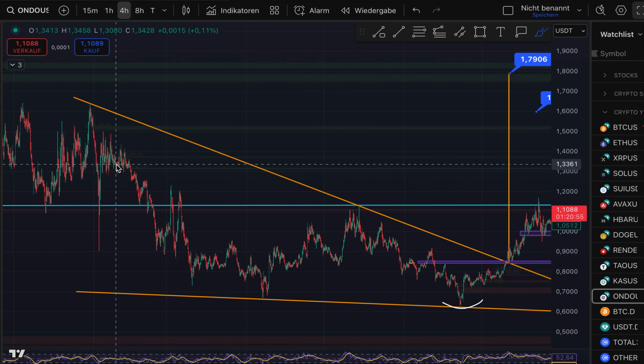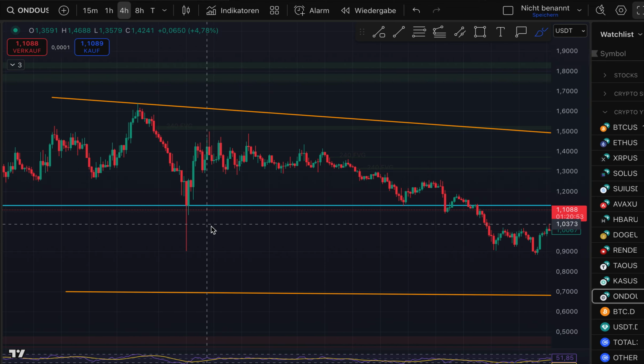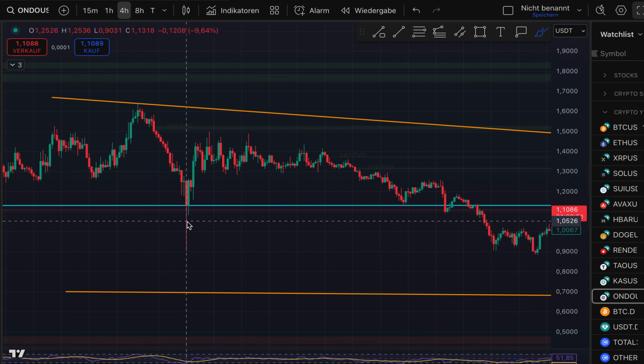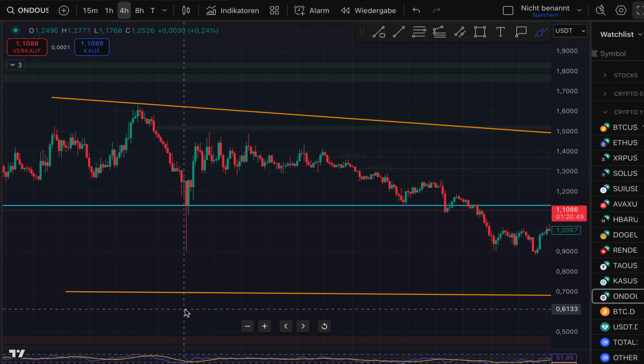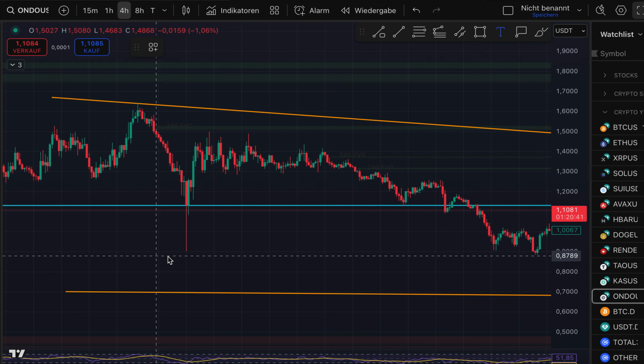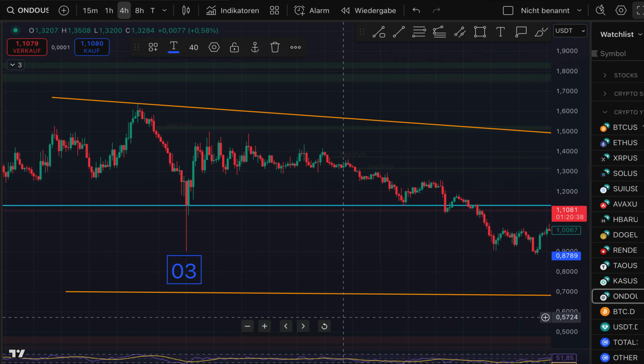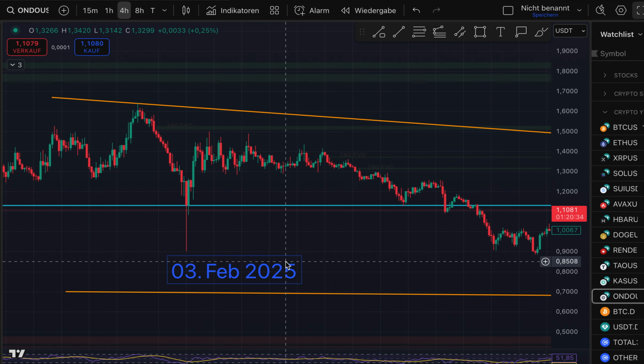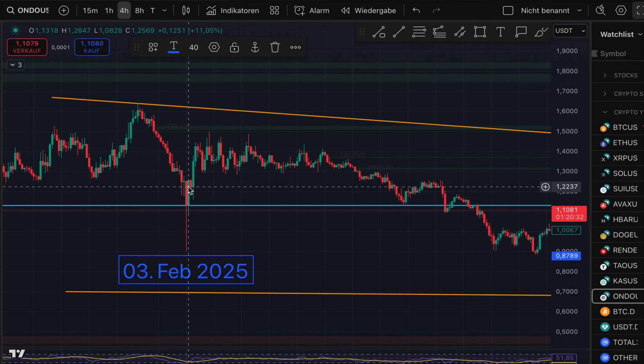So if you compare, you can see the day. It was the 3rd of February 2025. This was the red wick right here.